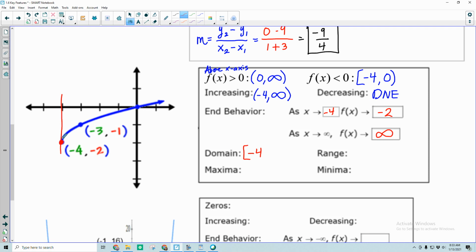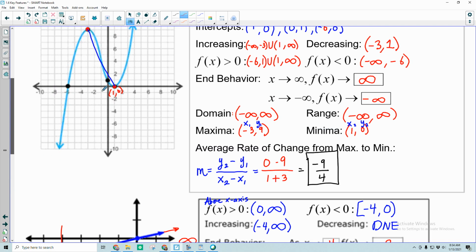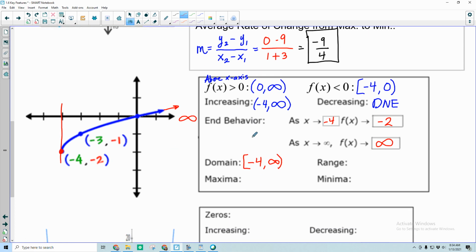Remember, when we're finding domain, closed dot means brackets. And then the farthest to the right it goes is forever, off to the right towards infinity. We can never reach infinity, so infinity is always going to have parentheses. Even negative infinity, anytime you have negative or positive infinity, they're always going to have parentheses next to them. We can never reach them.